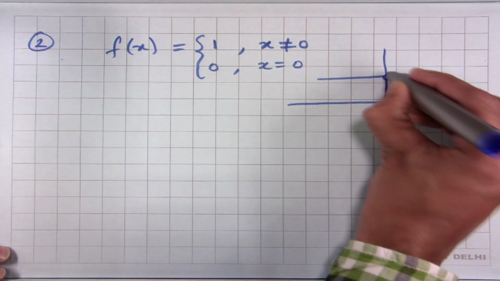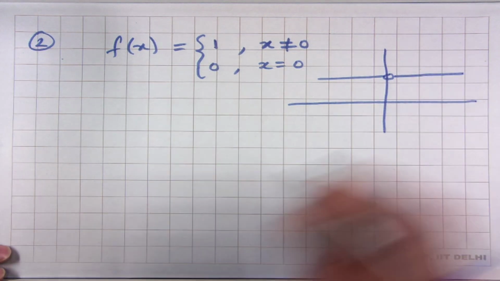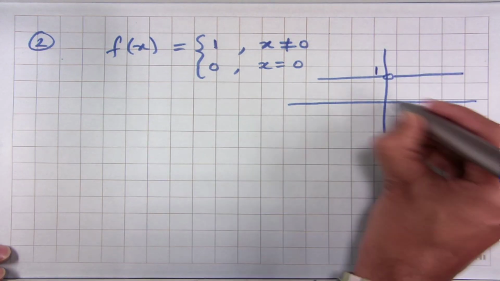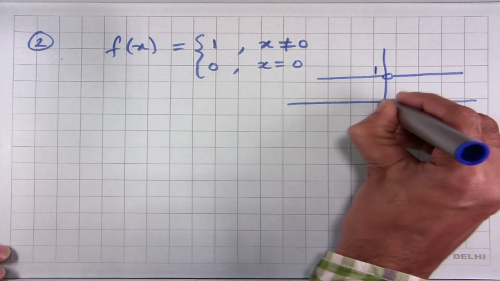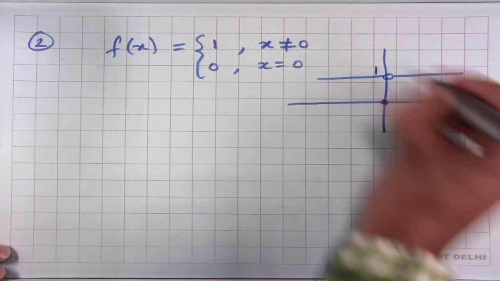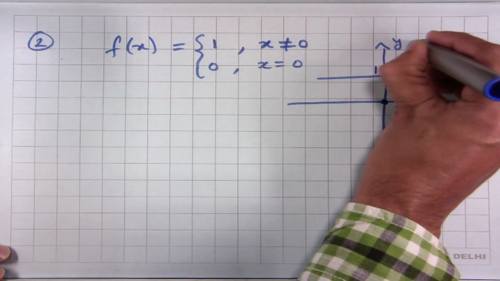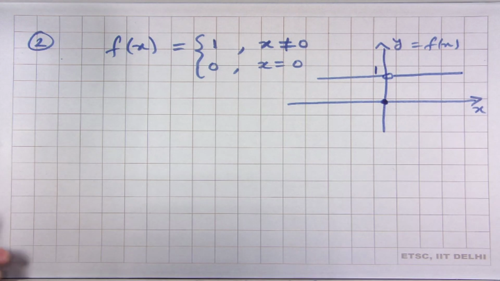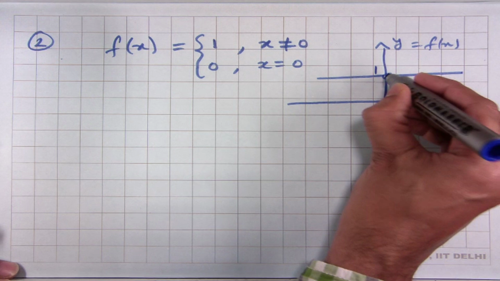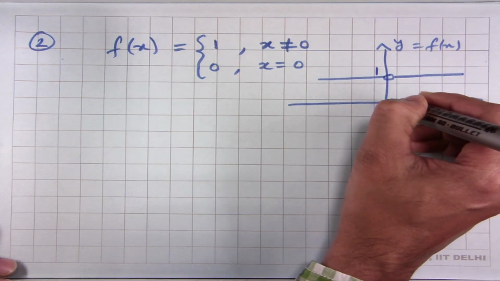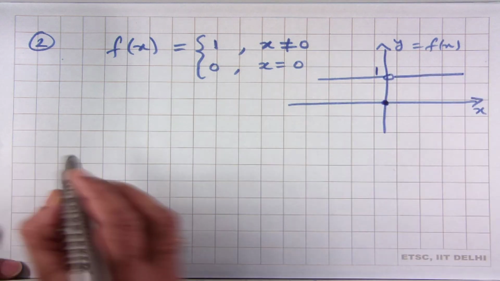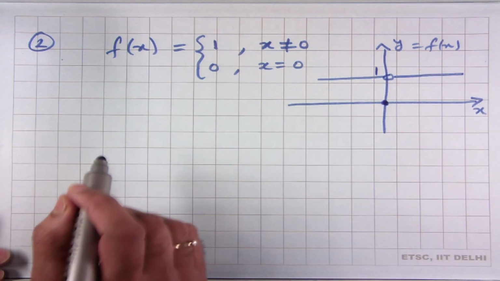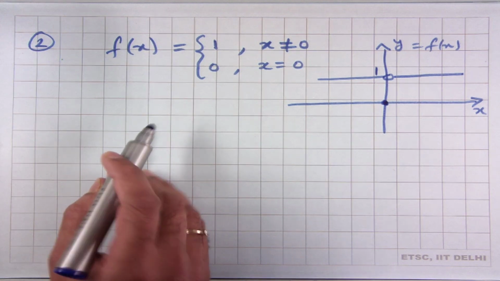So, we draw an open circle here and this is the value 1, and at x equal to 0 this is 0. So, this is the graph of the function f of x. In this case again, by using the intuitive meaning, you can see that this graph is broken at this point 0 comma 1. So, the function is not continuous at x equal to 0.